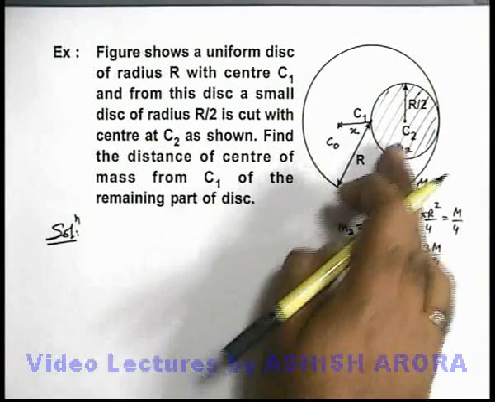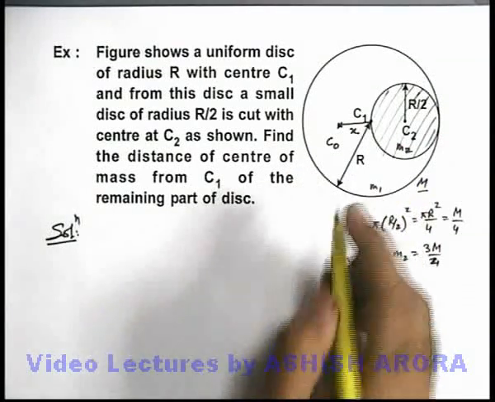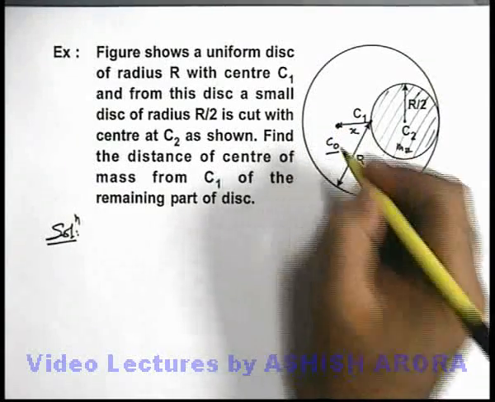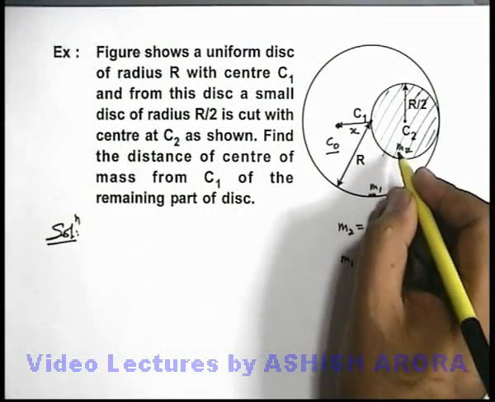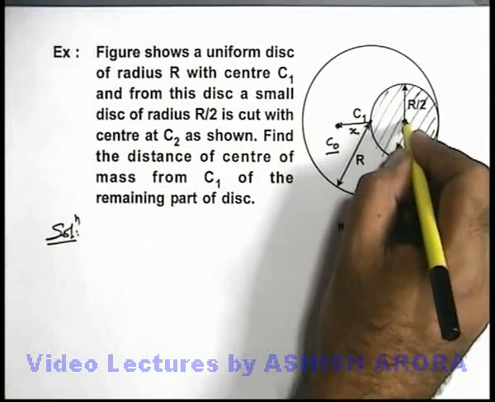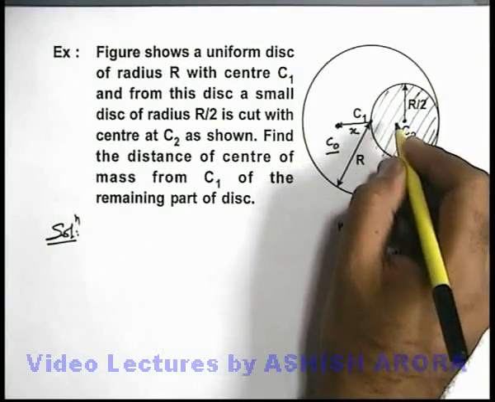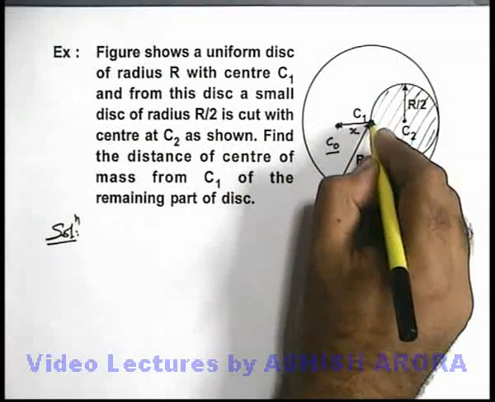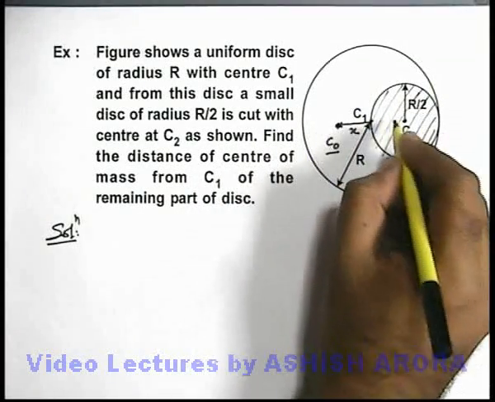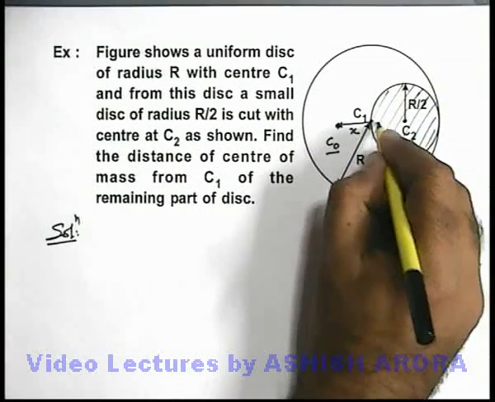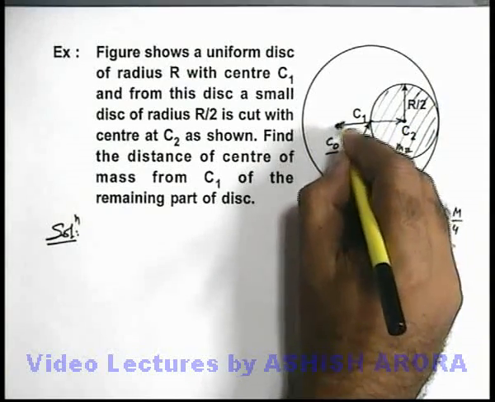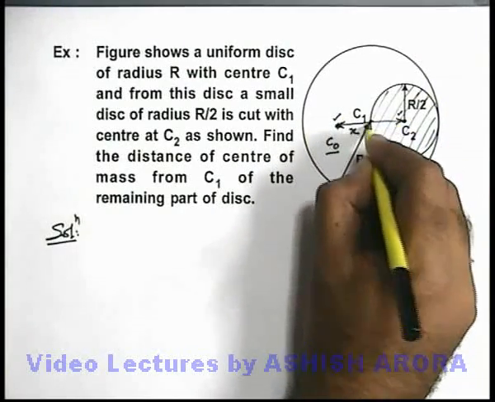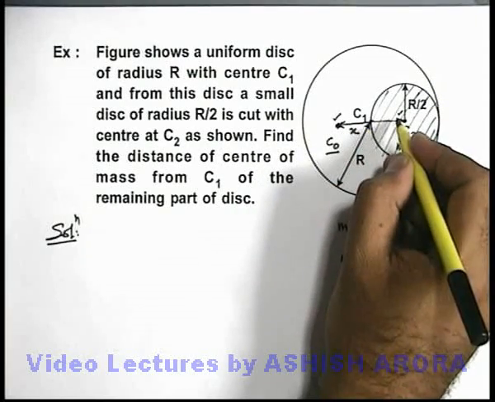Now, if these are the two masses, we can consider the center of mass of m1 is located at C0 and center of mass of m2 is located at C2. Now, for both of these objects, the combined center of mass must be located at C1. That means for m1 and m2, combined center of mass is at C1. So, mass moment of this as well as this about C1 has to be equal to 0.